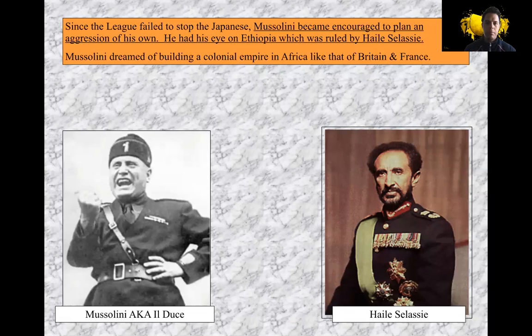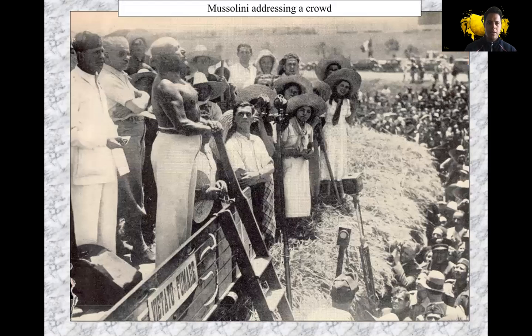So Mussolini became encouraged to basically be aggressive in his own plan. And his eye was on the African country of Ethiopia, which was ruled by Emperor Haile Selassie. Now, Mussolini dreamed of building a colonial empire in Africa like Britain and France had still.